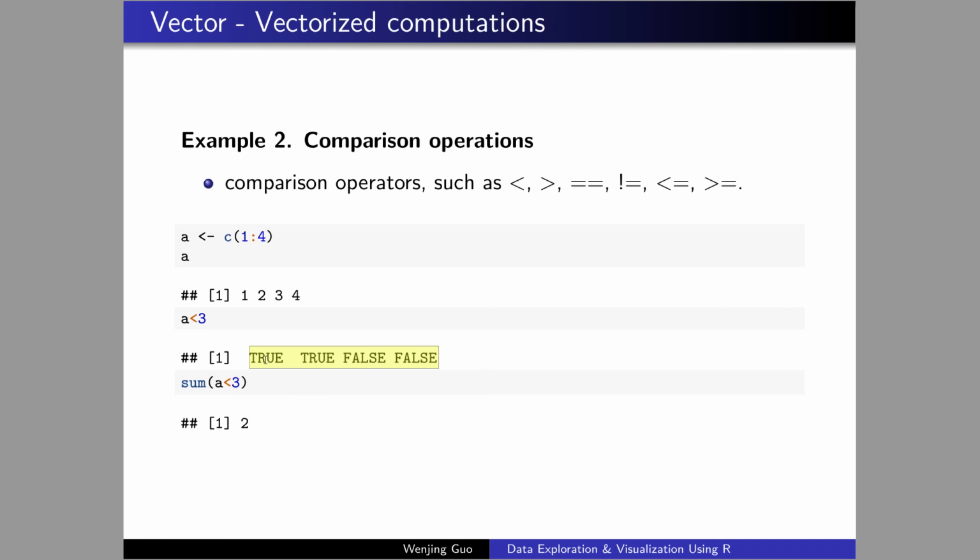True means the element is less than 3. False means the element is greater than 3 or equal to 3. If we would like to know how many elements are less than 3, we can use this R command. R treats true as 1 and false as 0, so there are 2 elements in vector A that are less than 3.